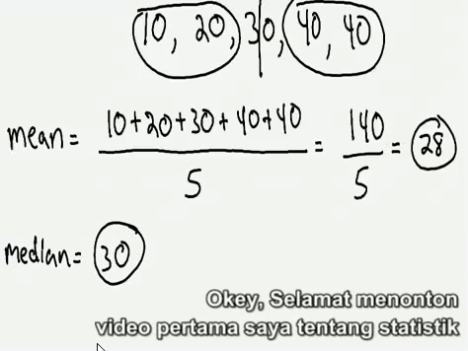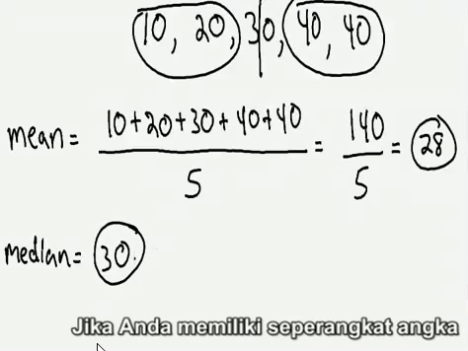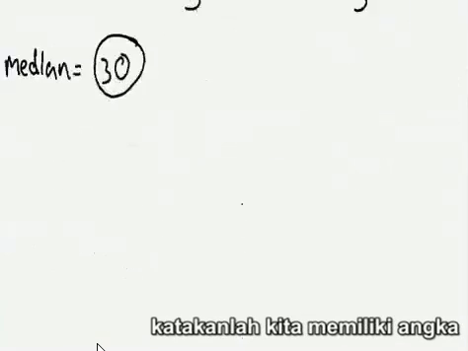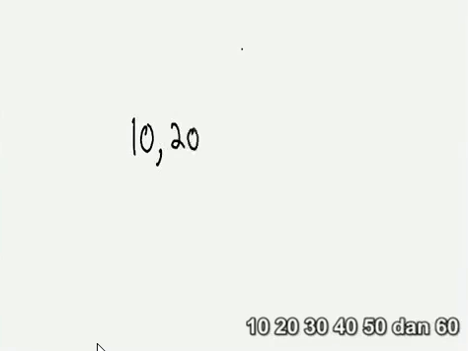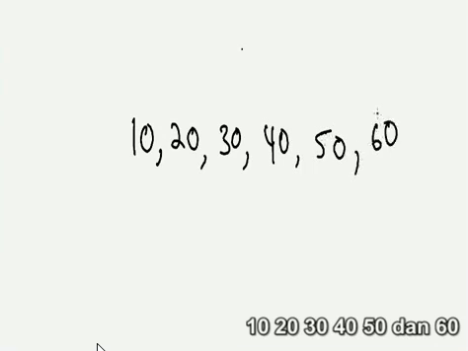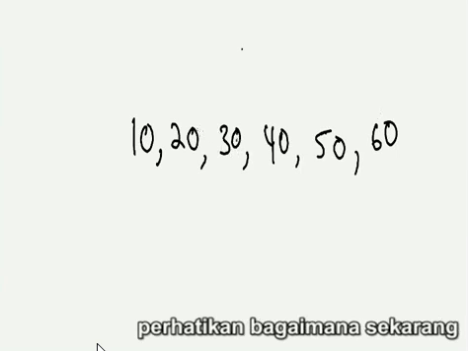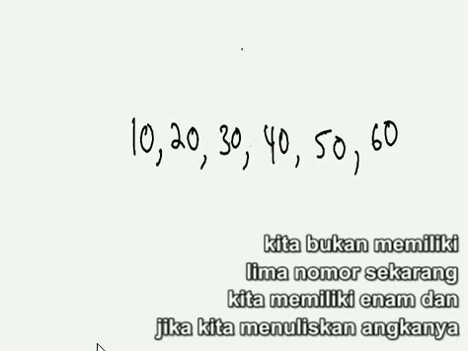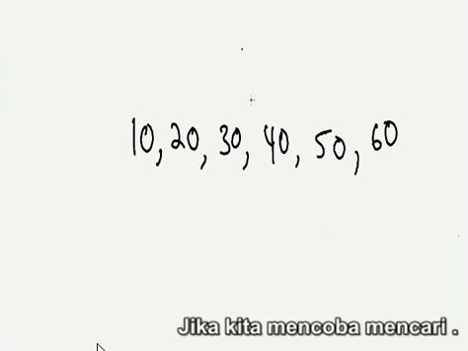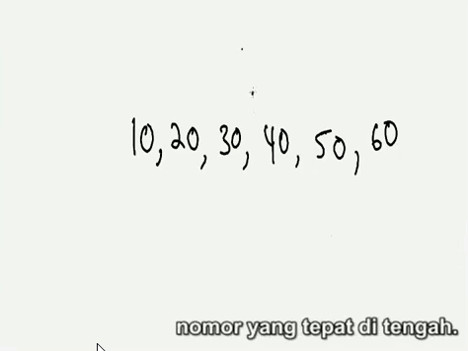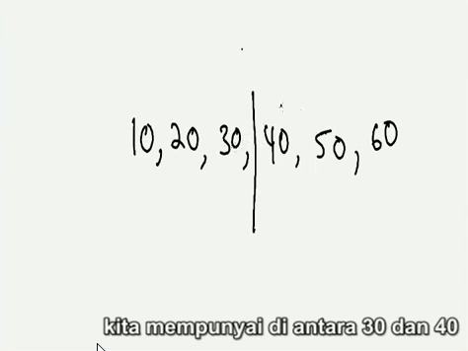And just a quick side note, the median is a little different if you have an even set of numbers. Let's say we had the numbers 10, 20, 30, 40, 50, and 60. Notice how now instead of having 5 numbers, now we have 6. And if we try to find the number that's right in the middle, it's in between the 30 and the 40.